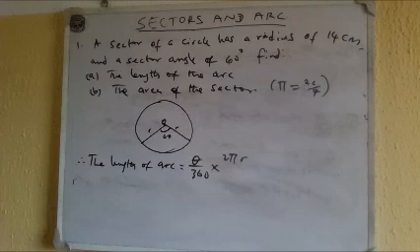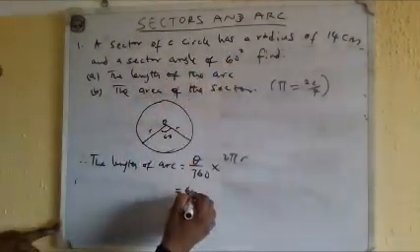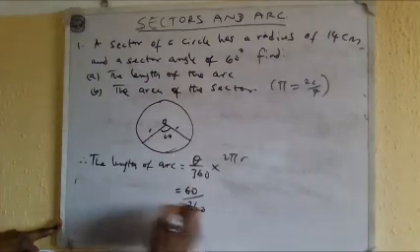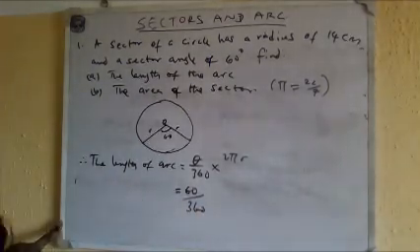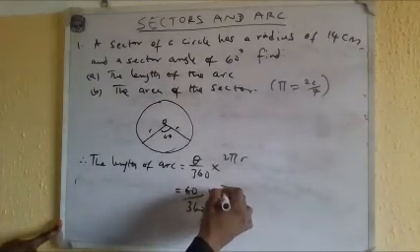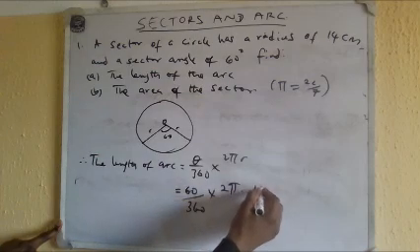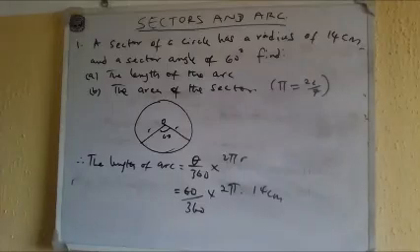What is theta? Theta is 60, given in the question. 60 over 360 times 2 pi r. What's the r there? The r is 14 cm.